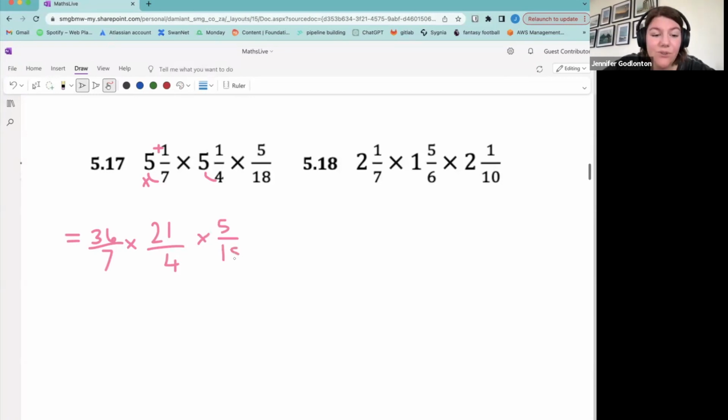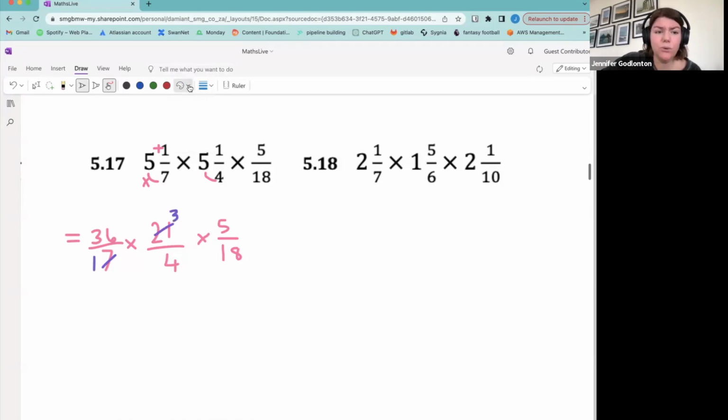Now, if you feel stressed, I'm going to show you a whole bunch of different ways of doing it. You can do it the way that we just did it, where you do your big cross simplification. If it stresses you out though, to jump from the 36 and the 18, don't panic. You can just look at these first two fractions and see what you can simplify. So we could say, okay, 7 goes into itself once and 7 goes into 21 3 times.